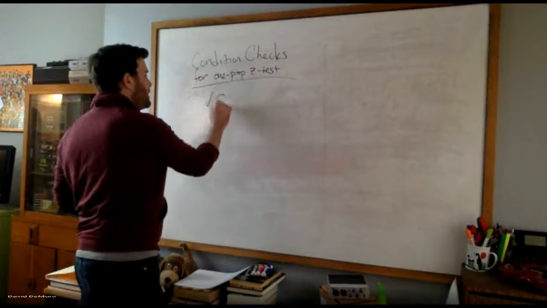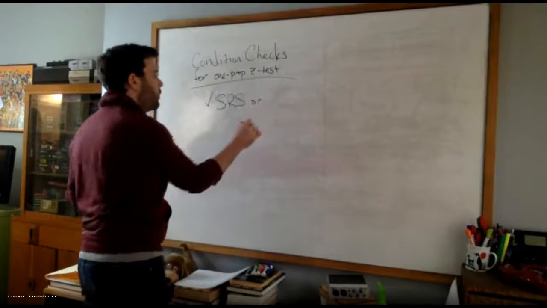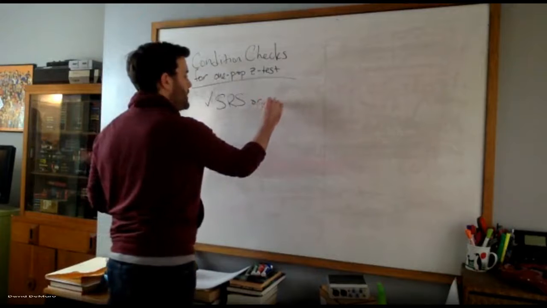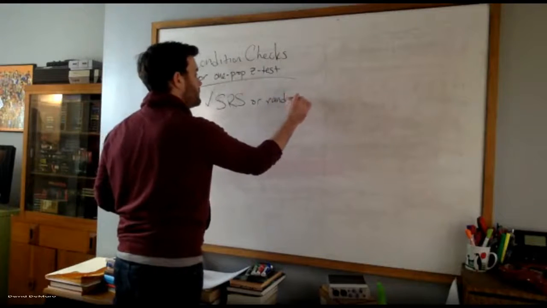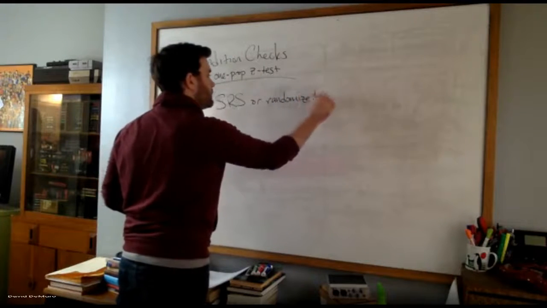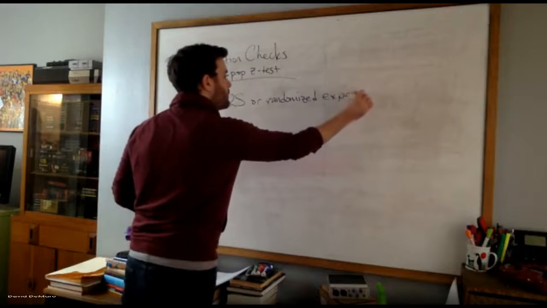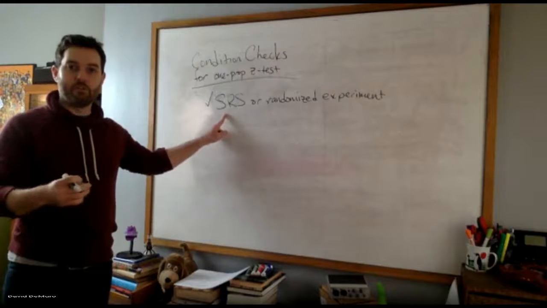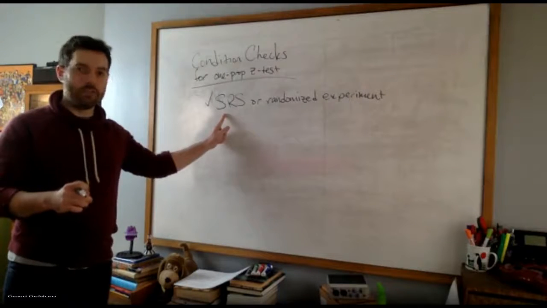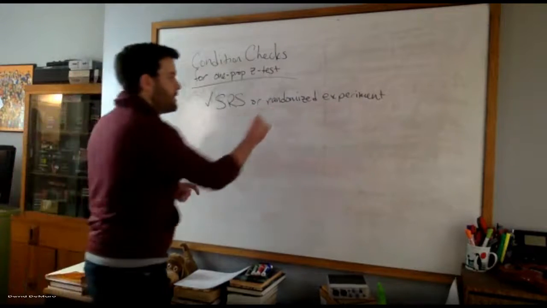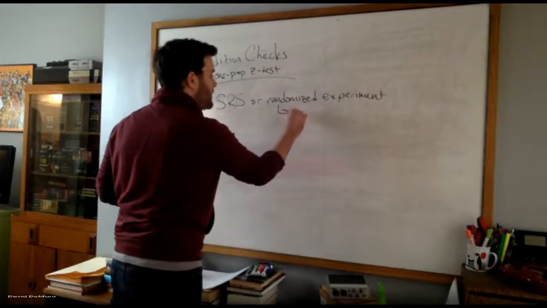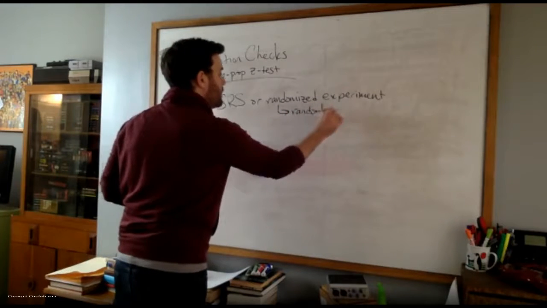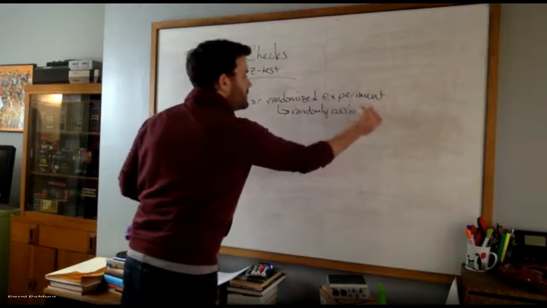First thing, you would need an SRS or a randomized experiment. An SRS would mean that we're taking our individuals randomly from the population of interest, and a randomized experiment would mean that we are randomly assigning to treatment groups.